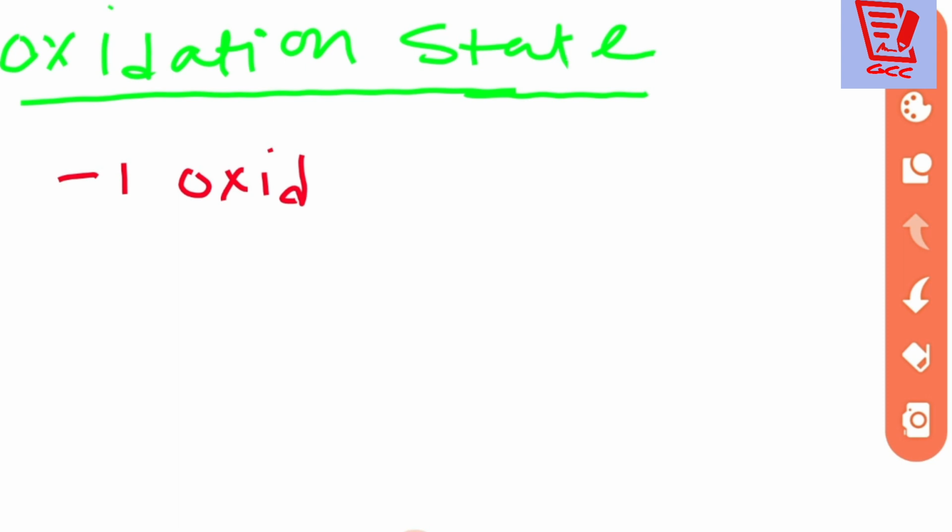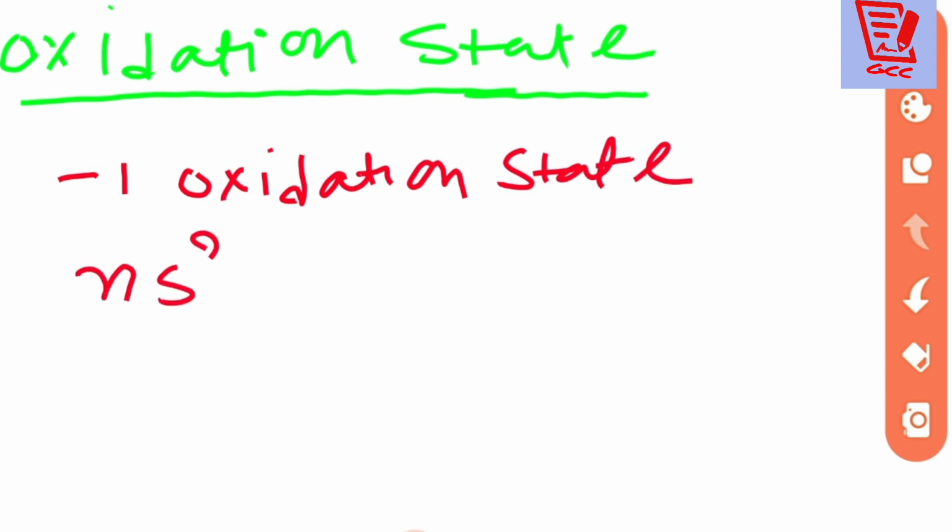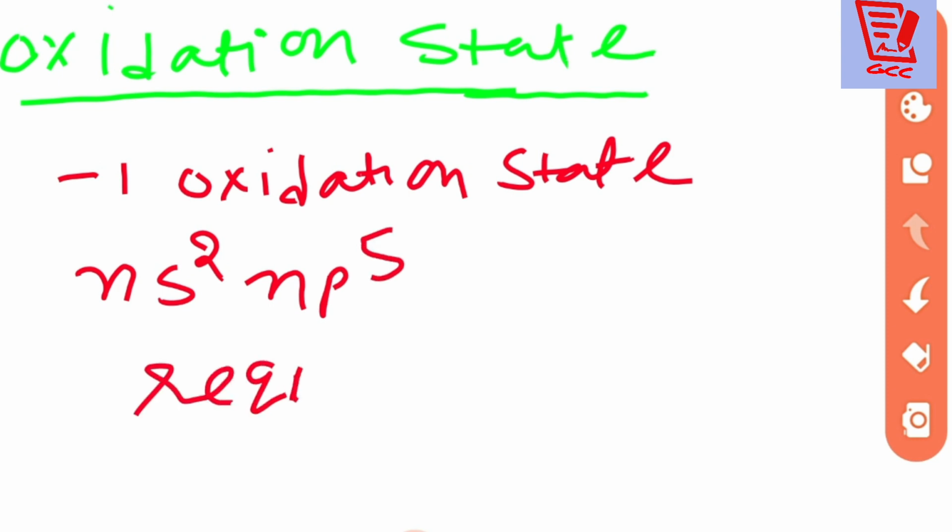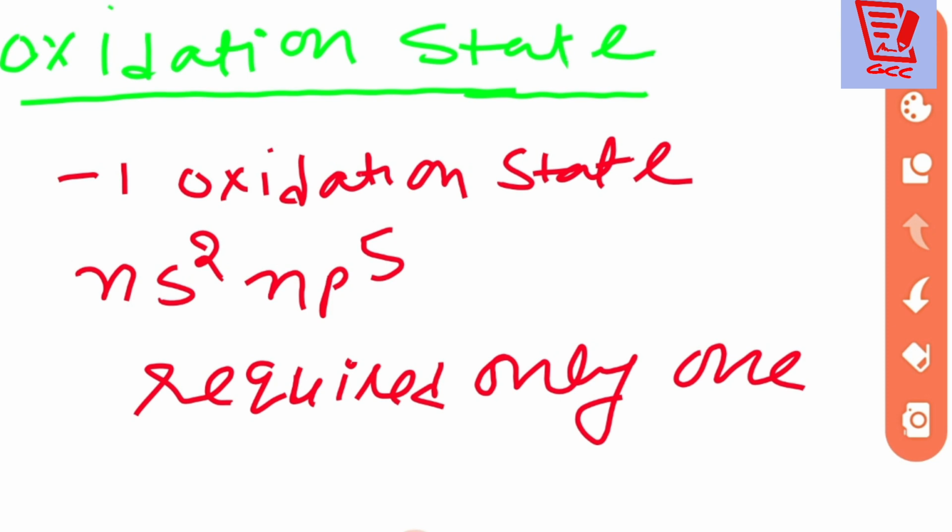And you know very well why they show -1 oxidation state, because they have the configuration ns2 np5, which means they require only one electron to become stable.